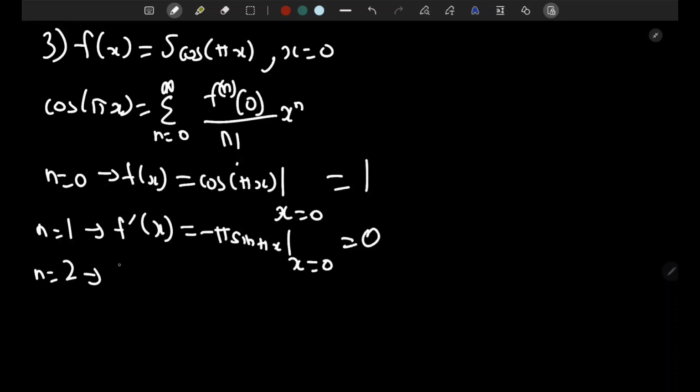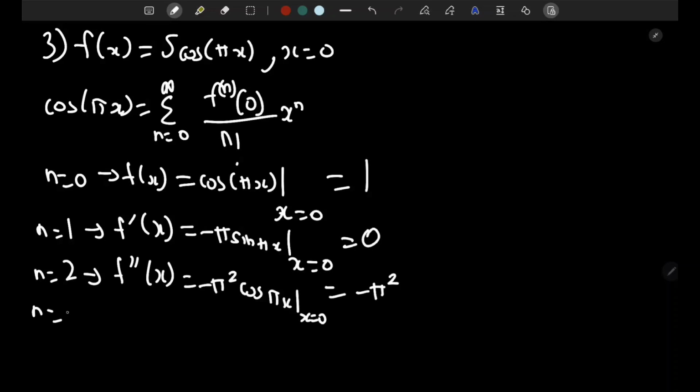So when n is equal to 2, this is f double prime of x, which is negative pi squared cosine of pi x evaluated at x is equal to 0, which will give us negative pi squared. So now let's, okay, there's one more, and then we'll start writing it. F triple prime of x, which will also be equal to 0.